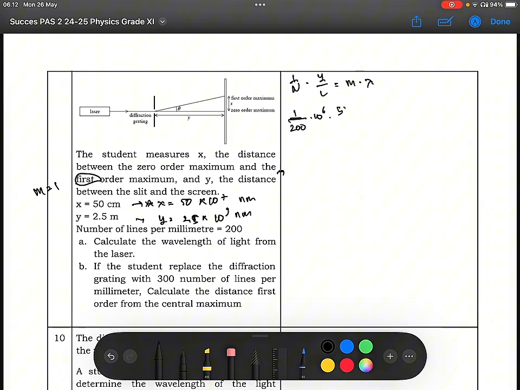The y is 2.59. Then you use 500 for the grating, and 10 to the 13.